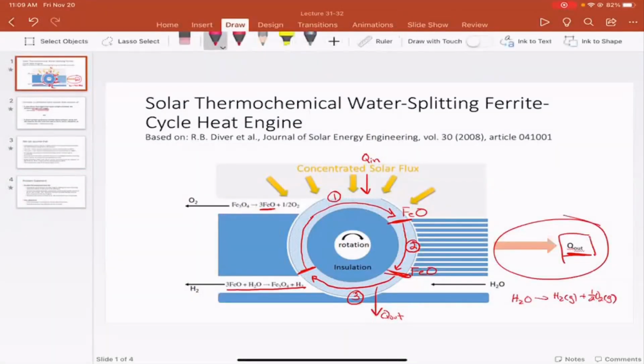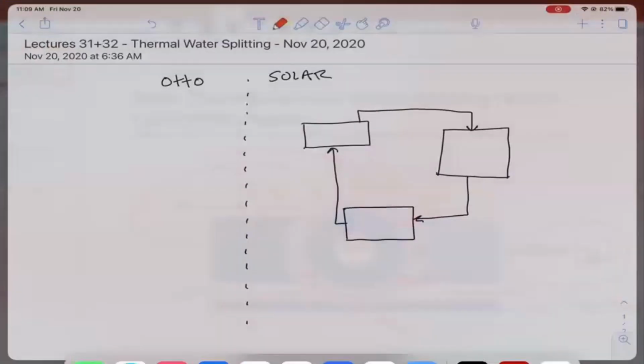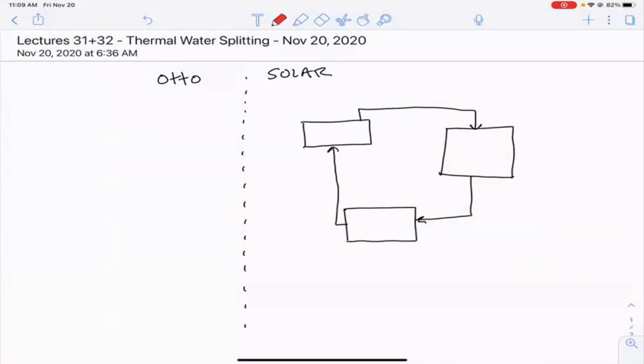So step 1 is really this one, or the step here at the top left. Okay. And that we know is operating at 1980 degrees C. So we know that the temperature in that stage is 2253.15 Kelvin. And we know that there is some amount of heat that we're going to call Q solar that comes into the process, and that's unknown.